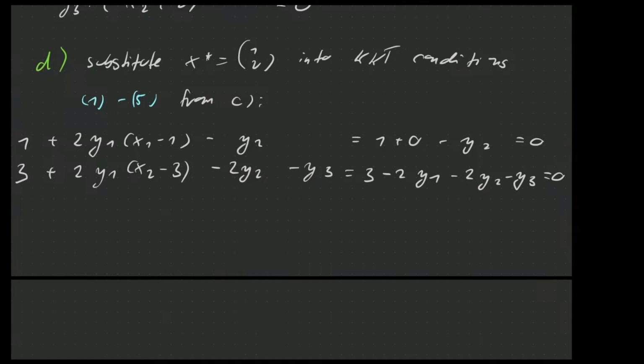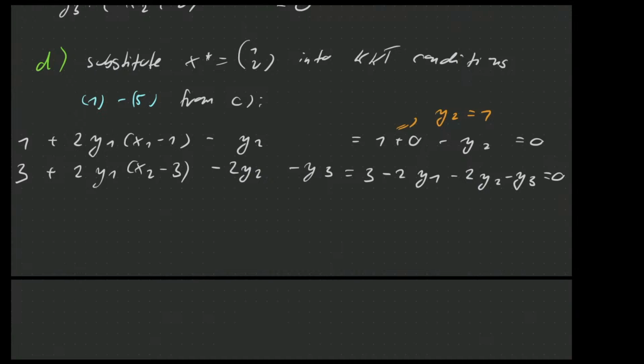Okay, so we still have to find the right values for the y's, right? We only get the x. And now the challenge is to find the right values for the multipliers. If we can do that, fine. If we can't do it, we know it can't be a candidate point. Right, so in that case, obviously this first equation here, that already gives away y2. From that, we immediately see that y2 has to be 1.